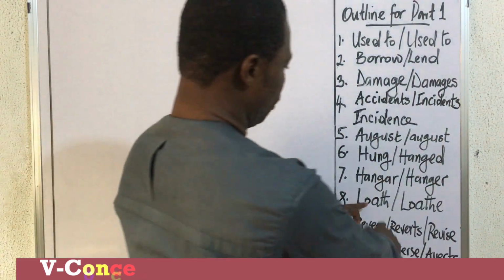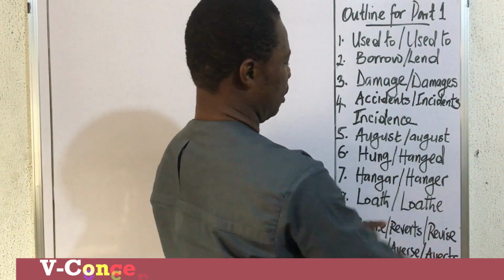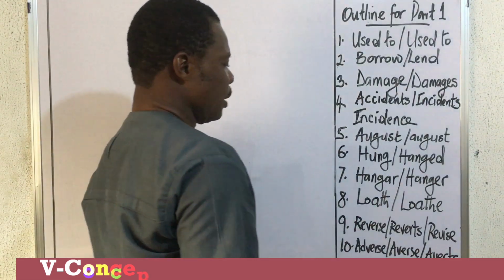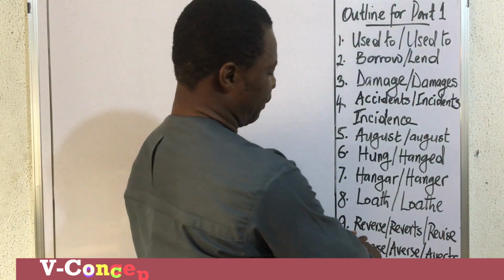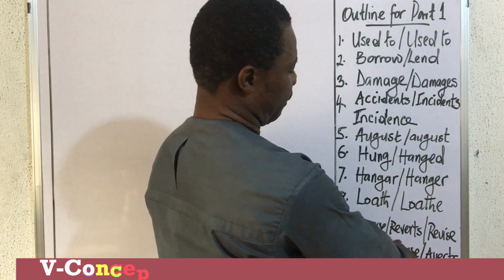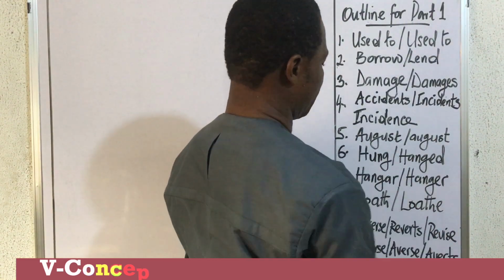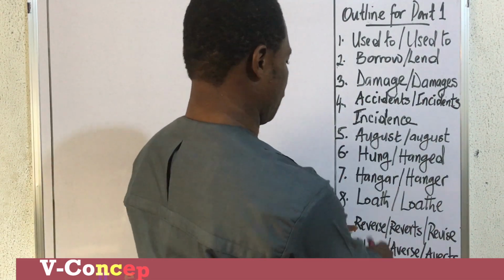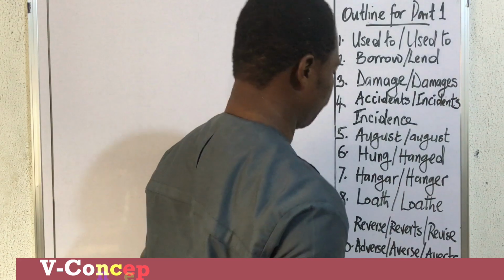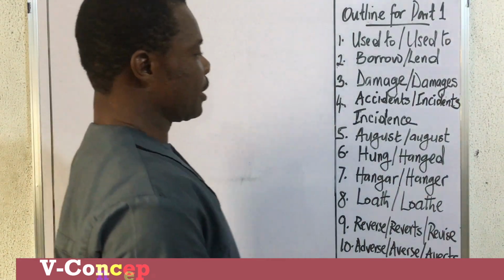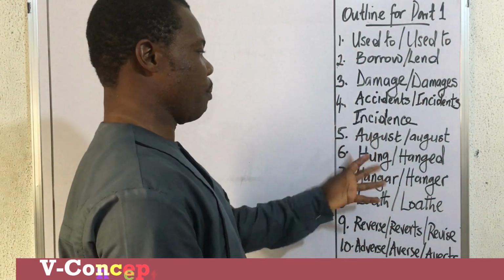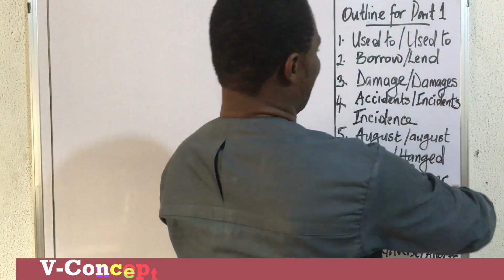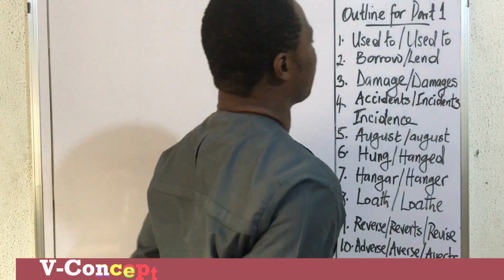Then we look at loaf and loaf. And when you look at number 9, you have reverse, reverse, revise. These two are very close in pronunciation. So these words are no sorts of misspellings at all. They are words that are highly repeated in WAEC, NECO and JAMB.